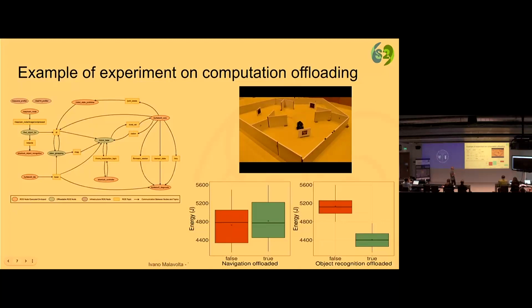Sorry, so offloading is true. In a way, in this case, networking, from the perspective of energy consumption, is dominating the CPU usage. This is the kind of experiment that we try to do. So if you were wondering where to put these nodes, locally or in the cloud, with our experiments we try to give answers to these doubts. Okay?